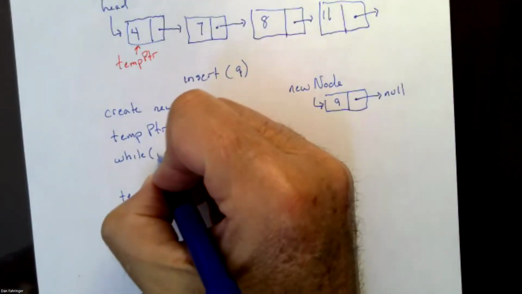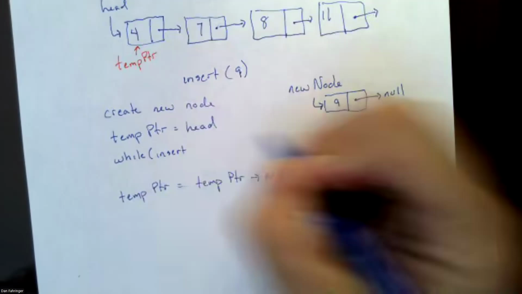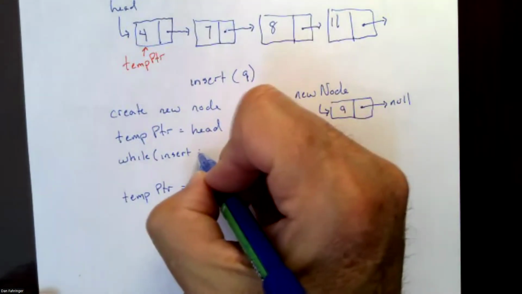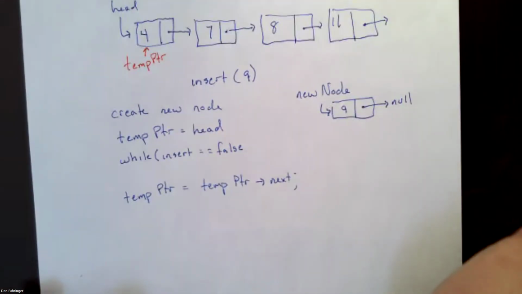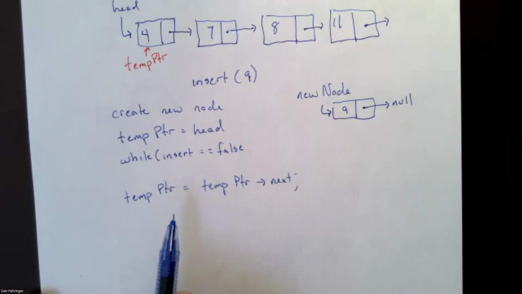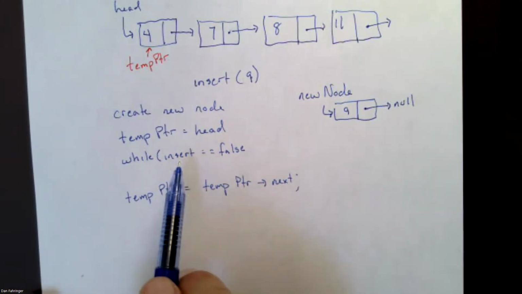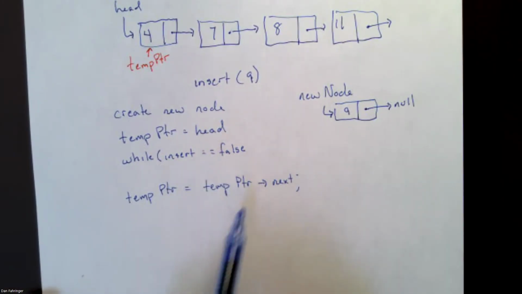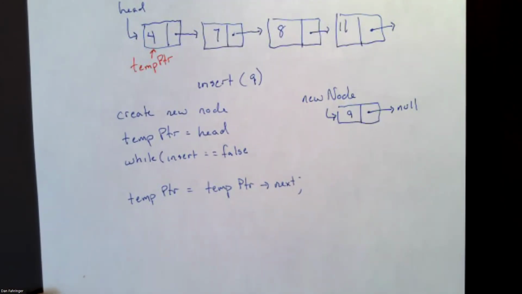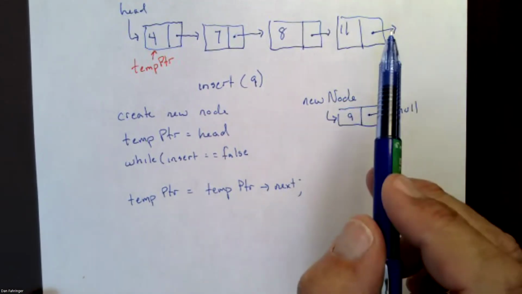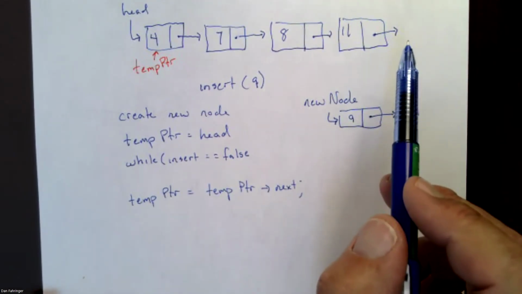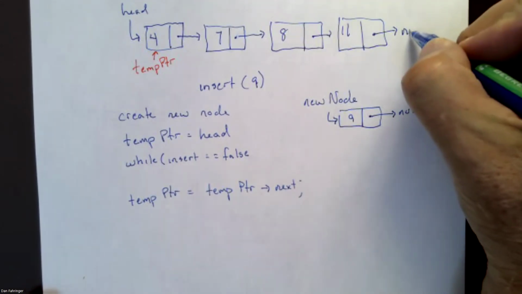So while insert not equal to true, while insert equals false, that means I didn't insert it yet. There are lots of ways to do this, but I need a way to say, hey, either I was able to insert it. What's my other option? Do I have another option? It's going to get inserted somewhere, right? Where would be the last? If I had 24, it would be inserted out here at the end.